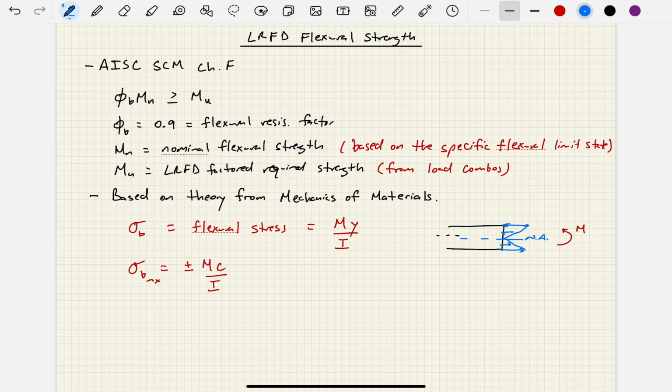So this was MC over I in the compression zone, and then down here was an MC over I in the tension zone, and this was a linear stress distribution. So these vary linearly as you go away from the neutral axis.